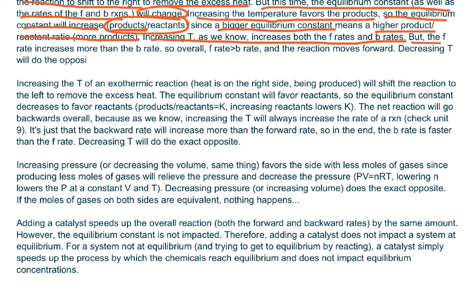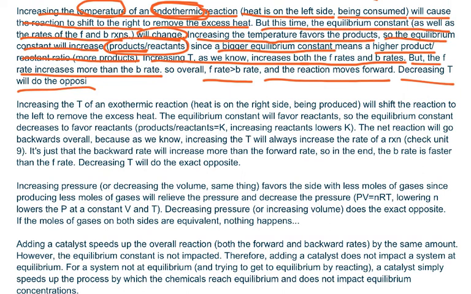But the forward rate increases more than the backward rate, and because of this, since the F rate is greater than the B rate, then the reaction moves forward. Now, decreasing the temperature will do the opposite for an endothermic reaction. So think about what happens there.